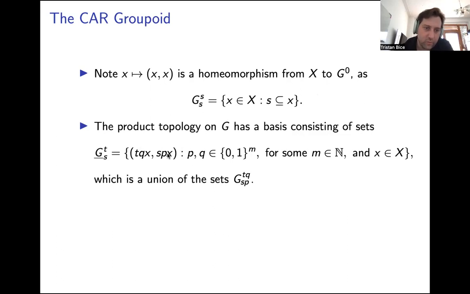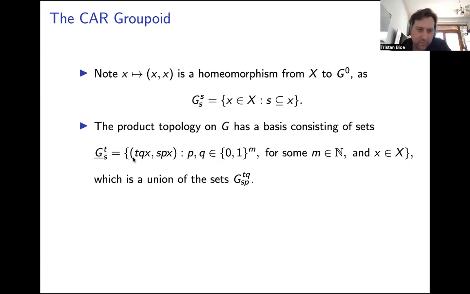However, the whole groupoid, the more general pairs, are not topologized in the product topology sense. If you think about the product topology on the pairs that actually lie within your equivalence relation, the basis in this case would consist of these slightly different cylinder sets, G underline TS, like so.